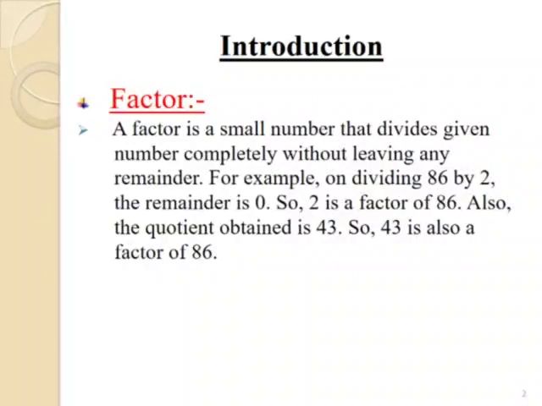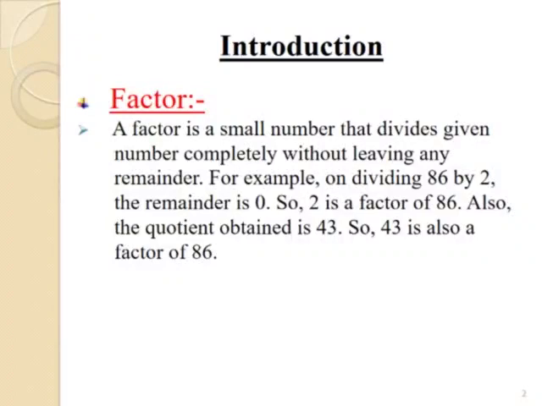For example, the number 8 can be written as 1 multiplied by 8, 2 multiplied by 4, 4 multiplied by 2 and 8 multiplied by 1. Each of the numbers 1, 2, 4 and 8 divides 8 exactly.